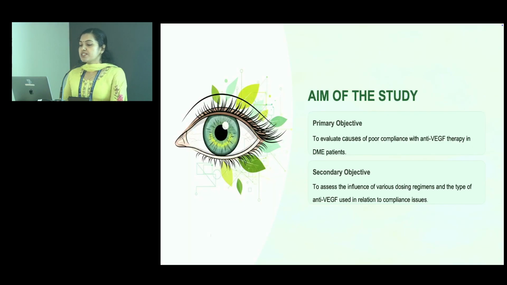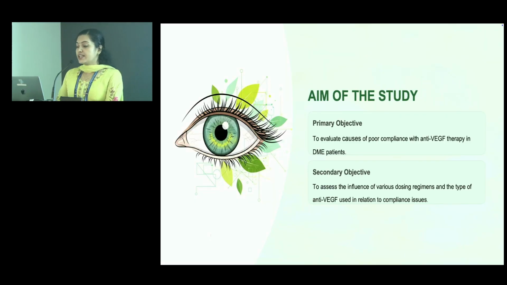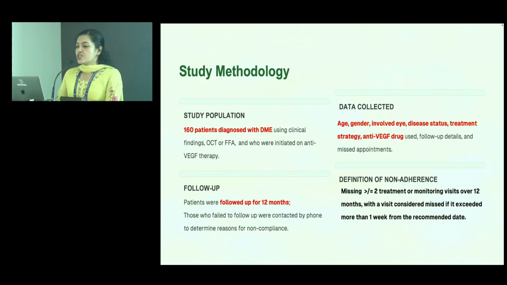The aim of our study was to evaluate the causes of poor compliance with anti-VEGF therapy in DME patients and also to assess the influence of the various dosing regimens and the type of anti-VEGF used in relation to the compliance issues. We studied 160 patients diagnosed with DME with clinical findings, OCT or FA, who were initiated on anti-VEGF therapy.